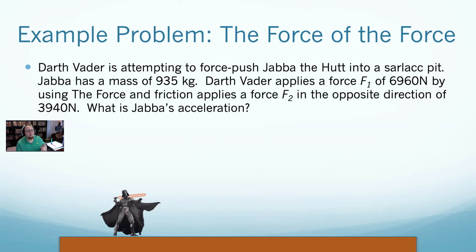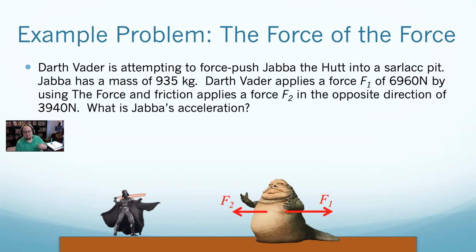What I can say is there are two forces here. I'm pushing him with a force F1. My force of the force is in one direction. And I said friction opposes it. I say it's in the opposite direction. That is of note. This opposite direction means it's pointing the opposite way. And so we have a mass and two forces, an F1 and an F2.